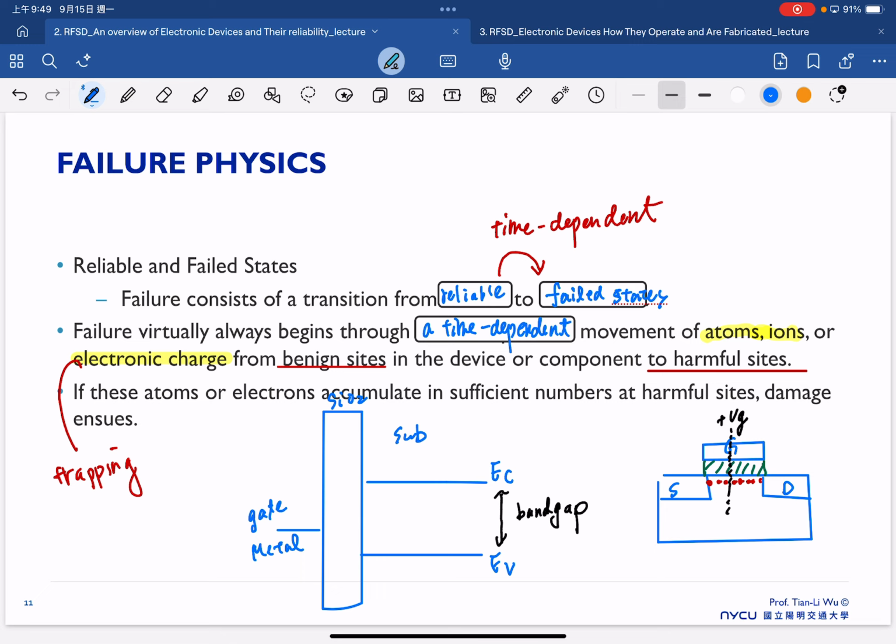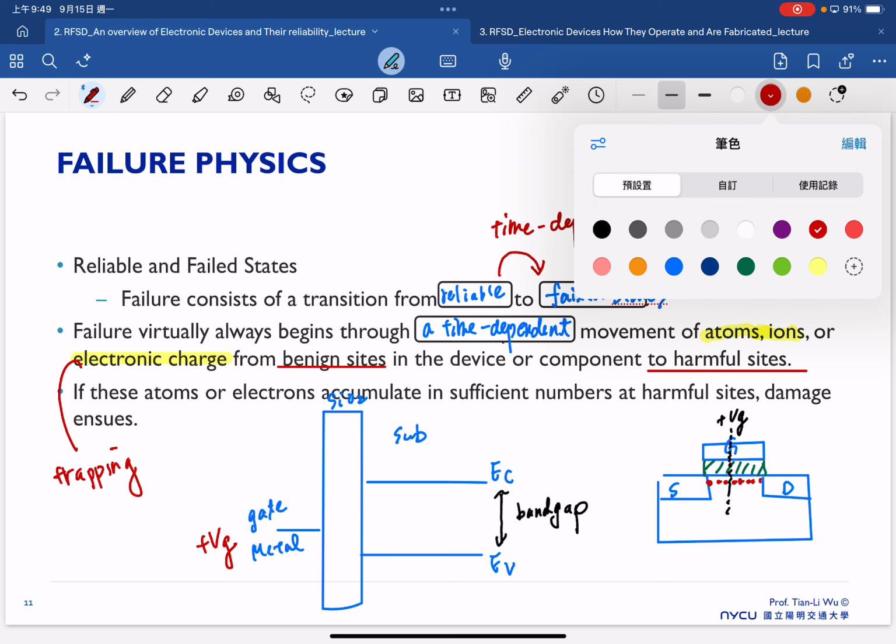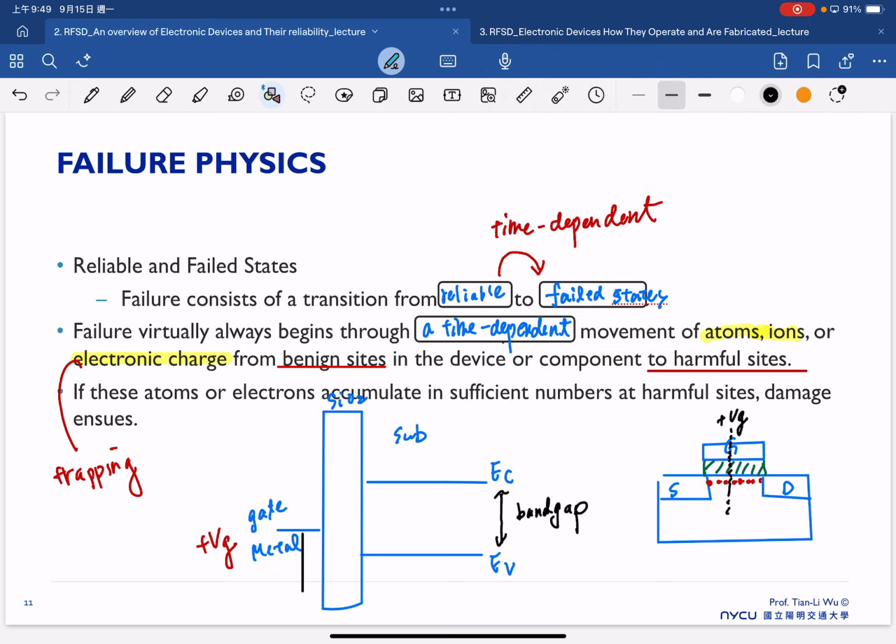And now we have to consider the case where we start to give the positive gate bias. If you spend a little time studying the Poisson equation, you will know that the bias and the electrical field potential always have a certain minus characteristic, which means that when we apply positive gate bias, our band will be pulled down.